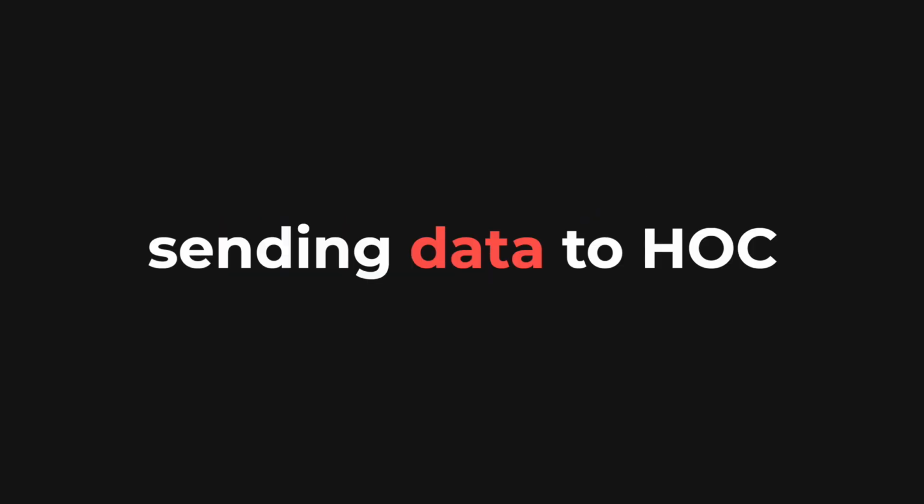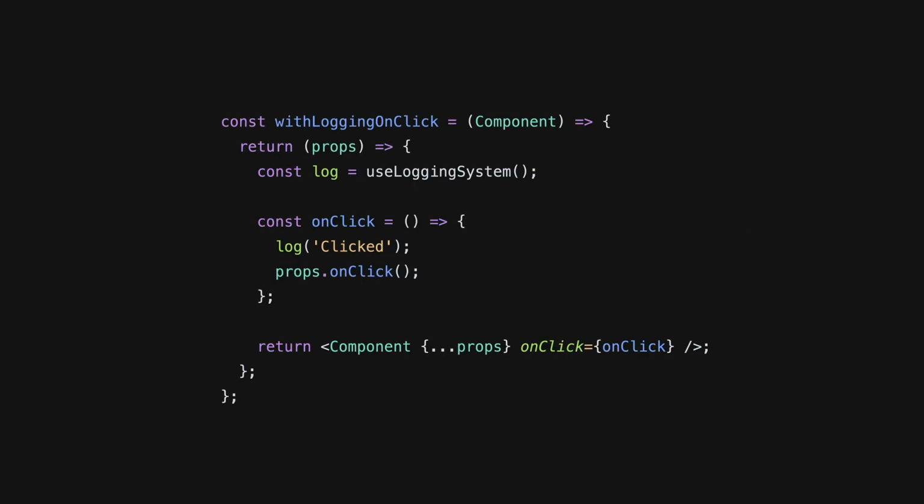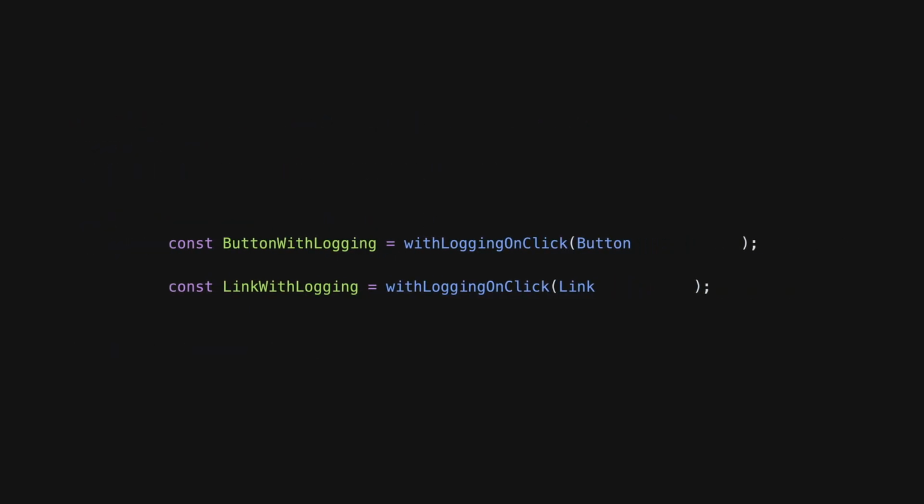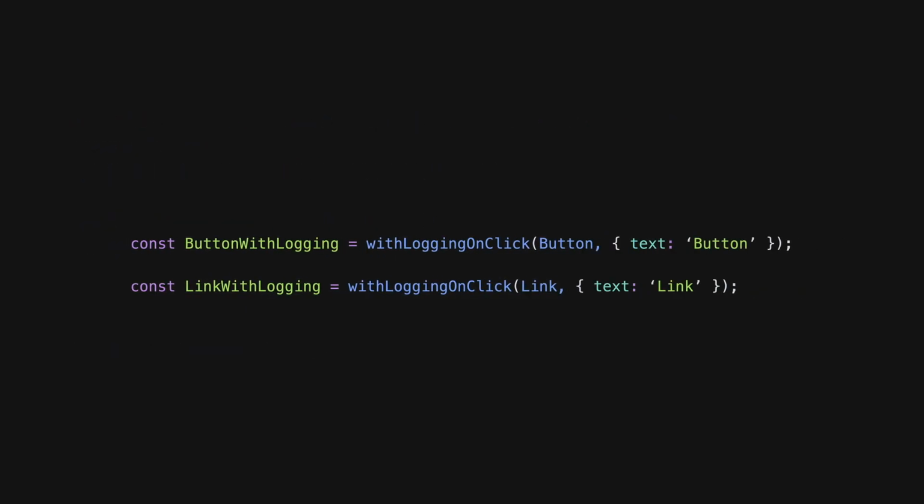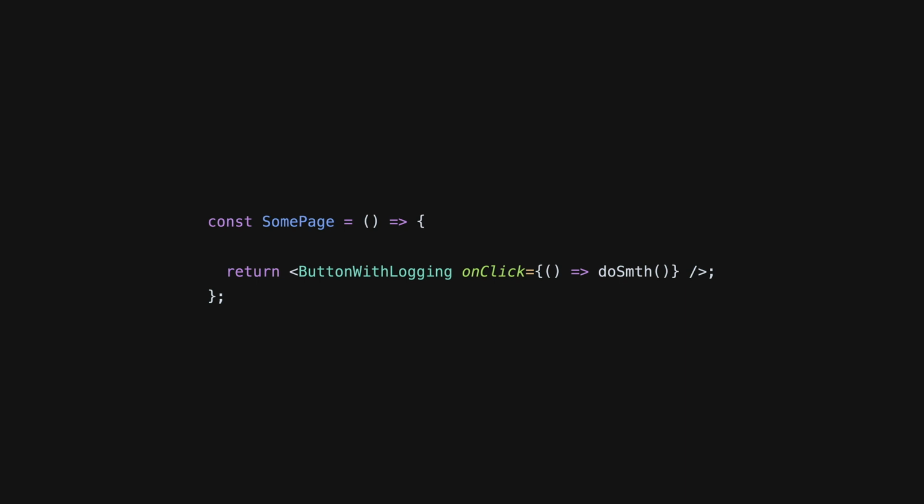In real life, we'd probably want to send some unique identifier for different components. For example, we can pass that data as a second argument of the function, and then use it inside the callback. That way, when we wrap our button in it, we will also pass a text to the higher-order component that this is a button. Again, the rest of the code won't even notice. If we want to go even further, we can even identify different buttons rendered in different parts of the app.